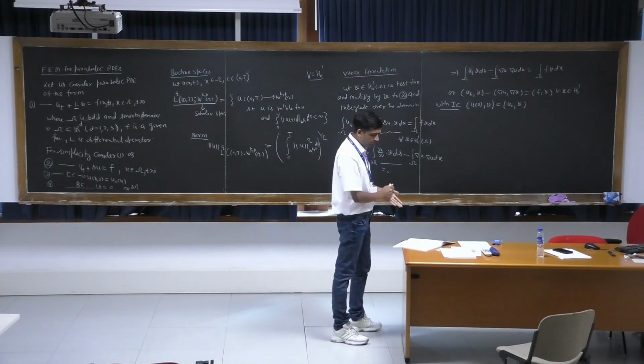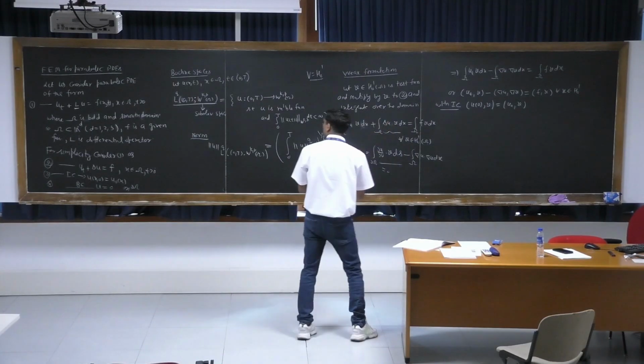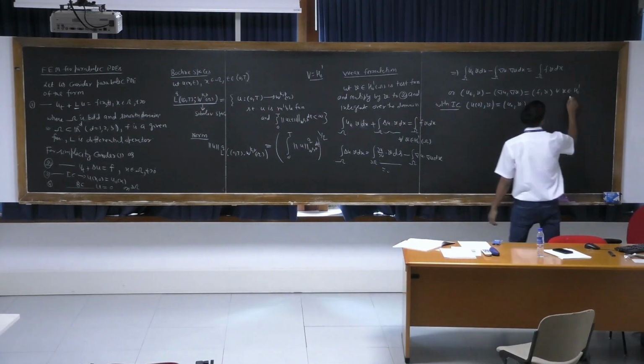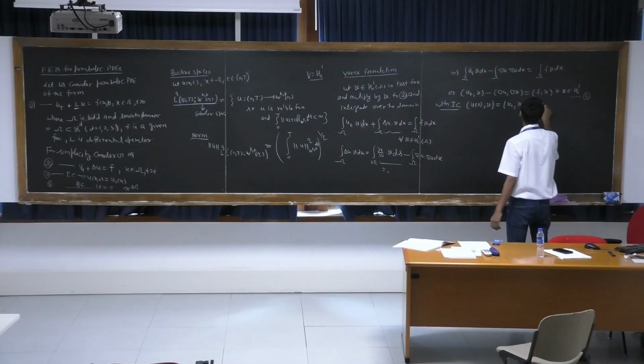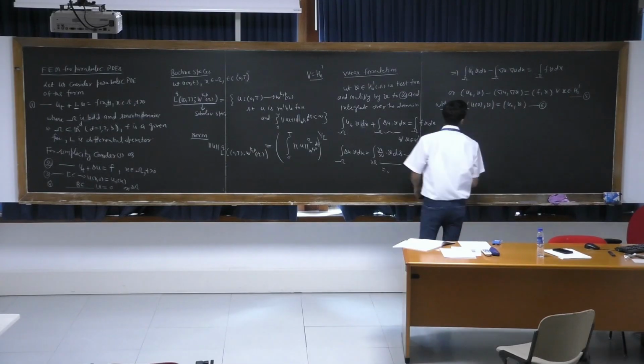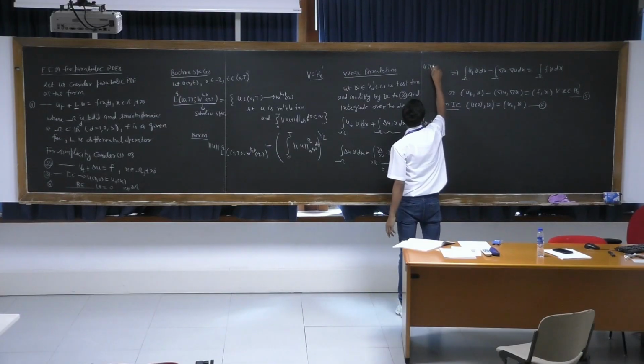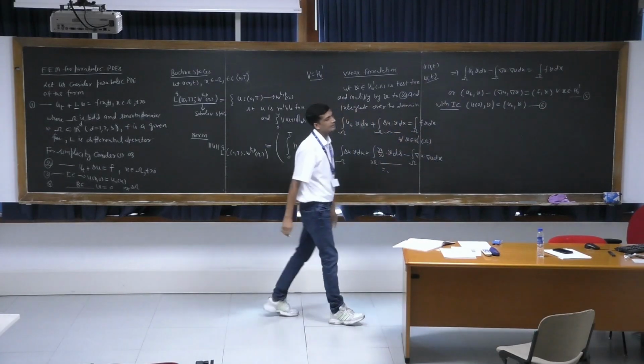Okay, so now our problem becomes, so we reach equations 2, 3, 4, say this is 5, and say this is 6. I am writing this for simplicity: in place of x and t, I am just writing u(t).